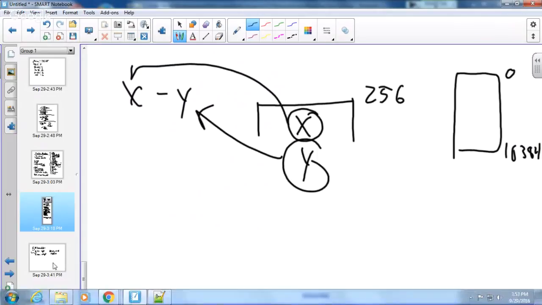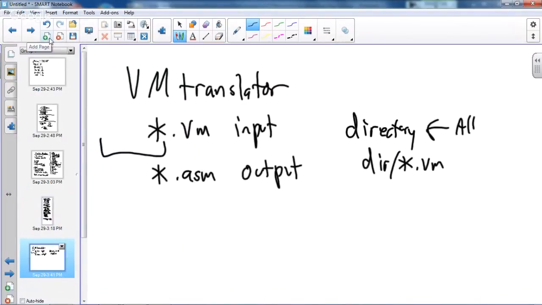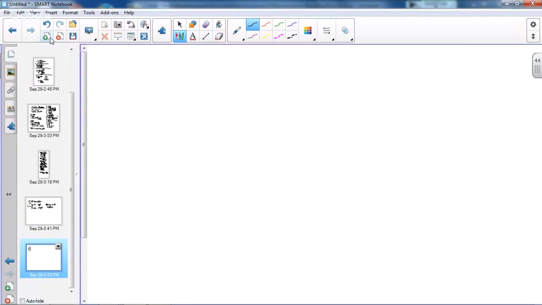Let me take a moment to talk about design of the system. So much as with the assembler, they provide a suggested design, okay? And their suggested design is to have a parser module and a code writer module. You can do it that way. My own preference is to create classes for each type of thing, and objects of that class then generate the appropriate code, and then they share some functions.